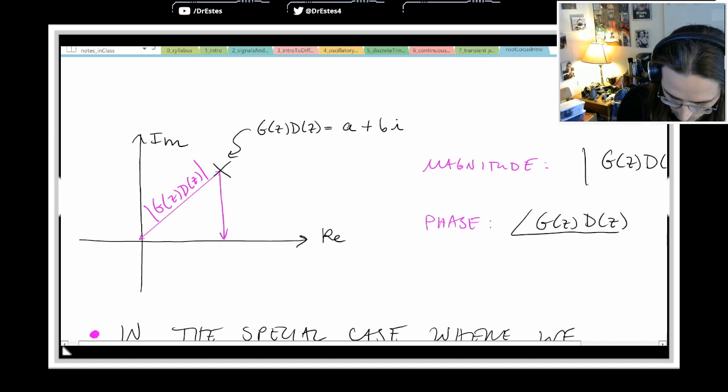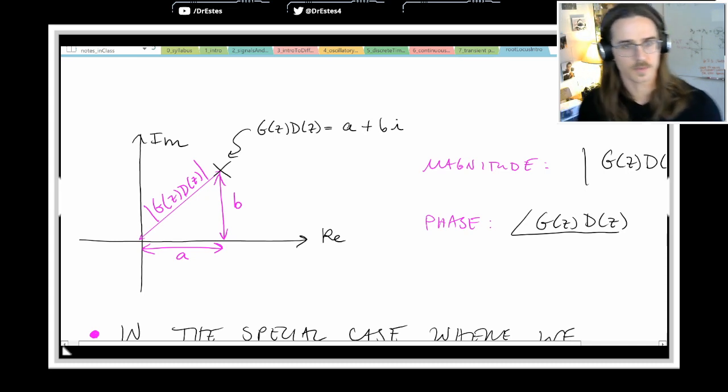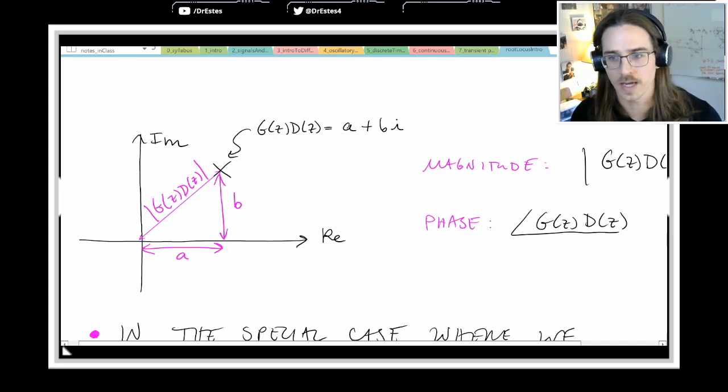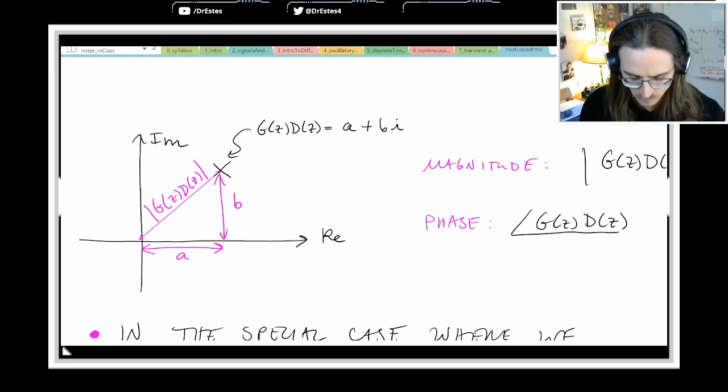The imaginary part is b, the real part is a. So the magnitude, if you calculated it, would be the square root of a squared plus b squared.